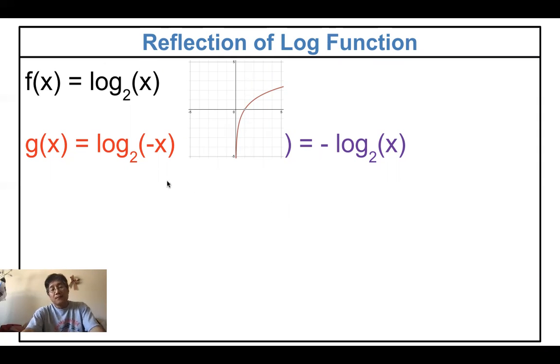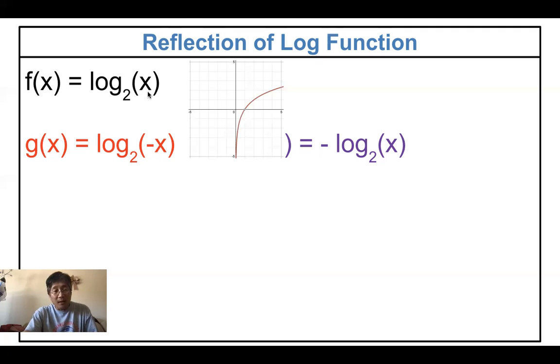Now let's think about this one. What happened? When x is positive, the result is negative, right? So you get the y value that originally came from when x was negative, but there was no negative. You should know that this part cannot be negative.